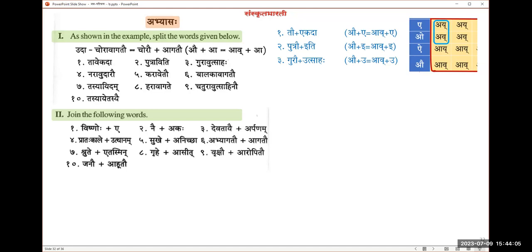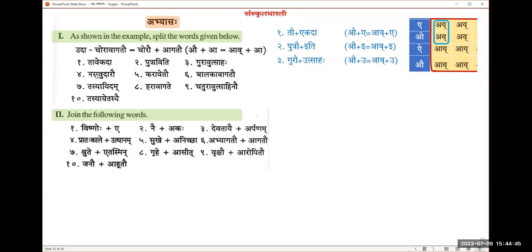Vijay Lakshmi Varye, if you can unmute back. Yes, sir. Number 4, madam. Naraudharau. Nare plus udarau. Why do you think Nare? With A, see, if it is Nare, then Ayi would have come. So it would have been Narai Udaro, not Nara Udaro. What is there in Nara, Udarau? What pattern you see? Here, A plus U is there.